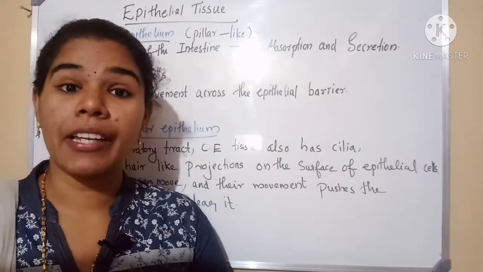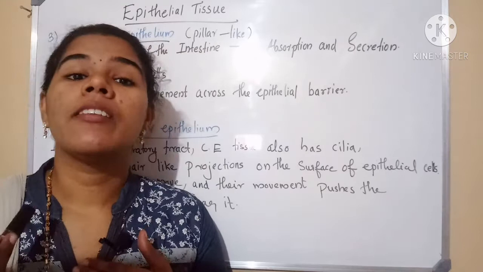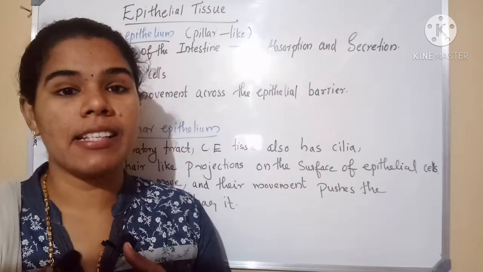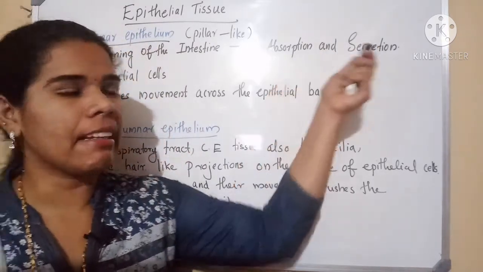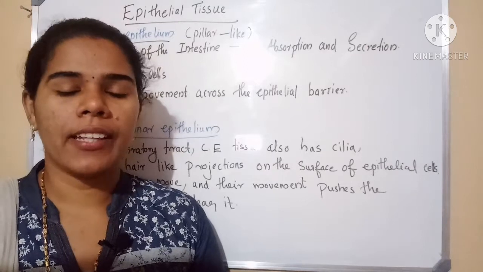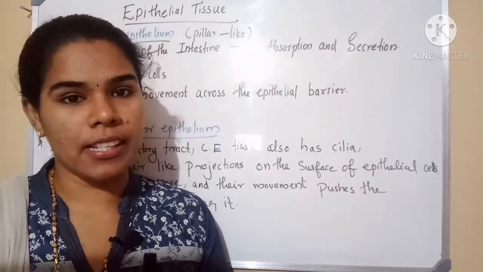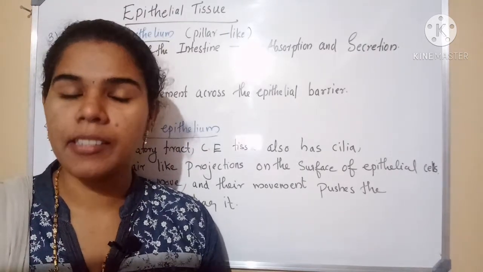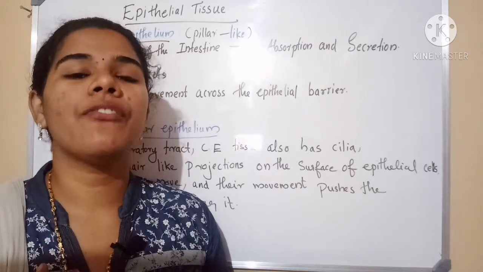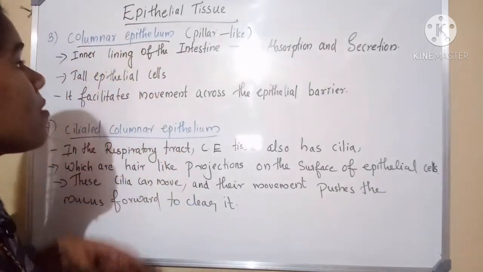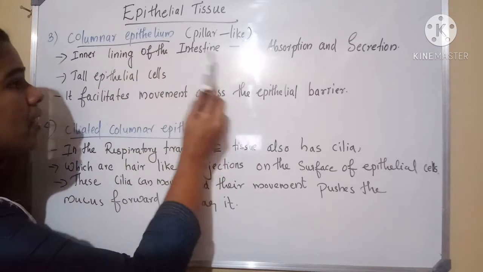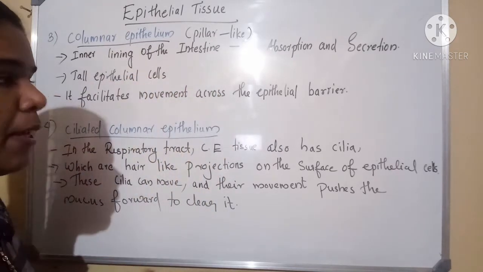We know the main functions of the intestine are absorption and secretion. The inner lining of our small intestine and large intestine is covered with this columnar epithelium.